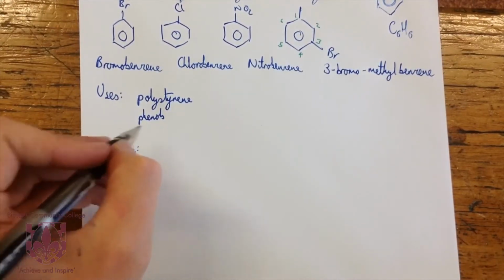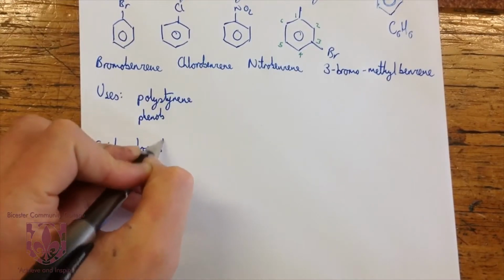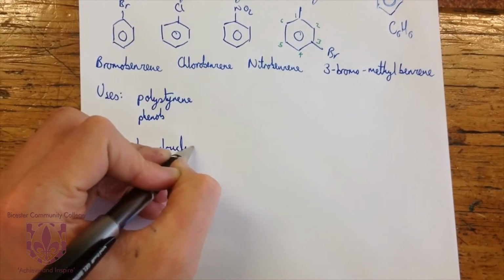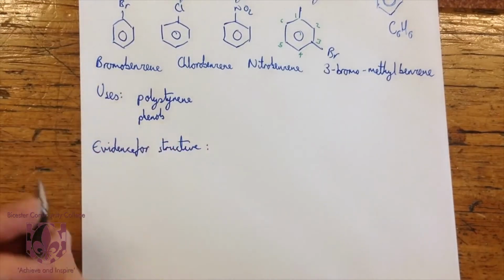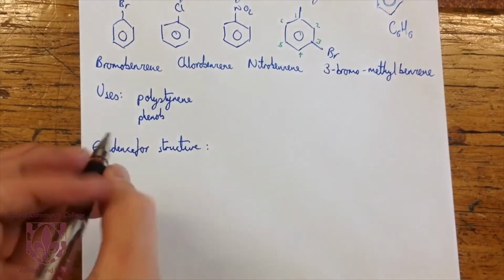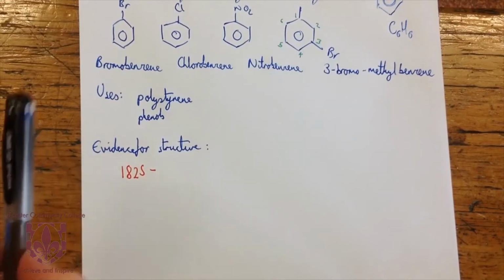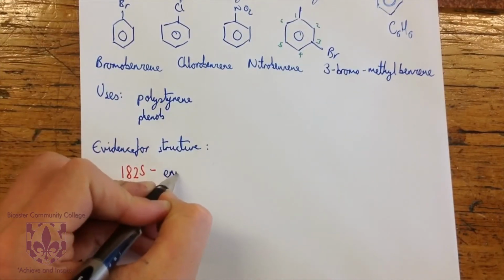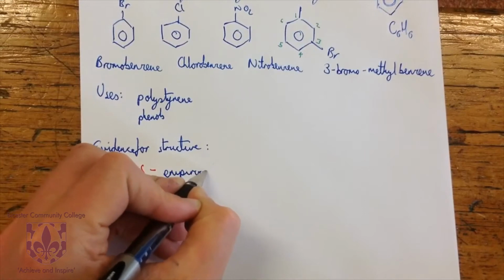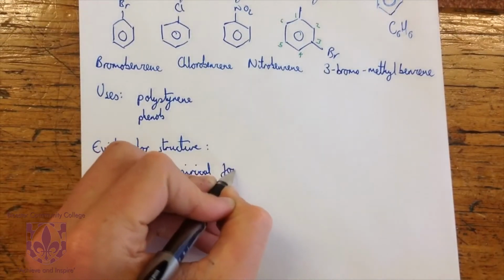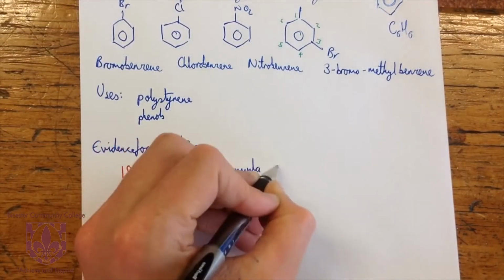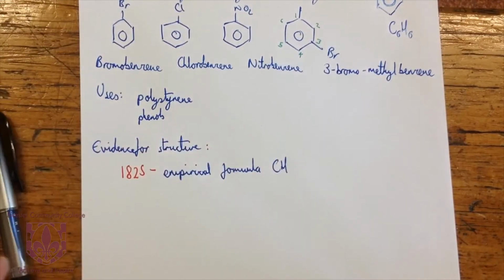So evidence for structure. Okay, so in 1825, somebody worked out that its empirical formula, by doing percentage by mass of this compound, was CH.